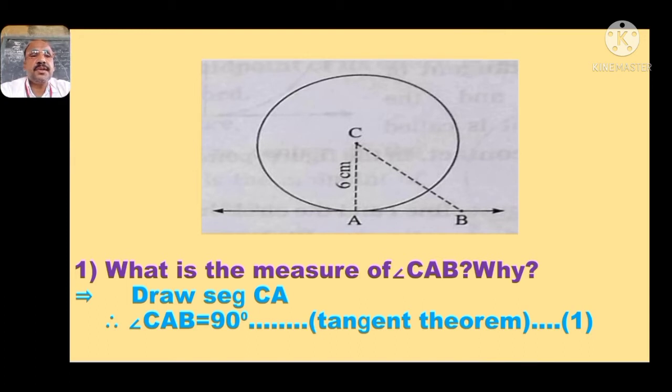First question, what is the measure of angle CAB and why? Draw segment CA as shown in the figure. Therefore, angle CAB is equal to 90 degrees according to the tangent theorem. Therefore, the measurement of angle CAB is equal to 90 degrees. This one is equation number first.